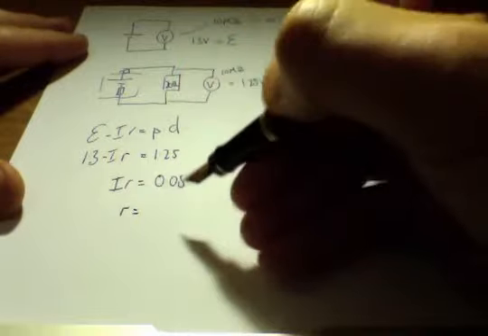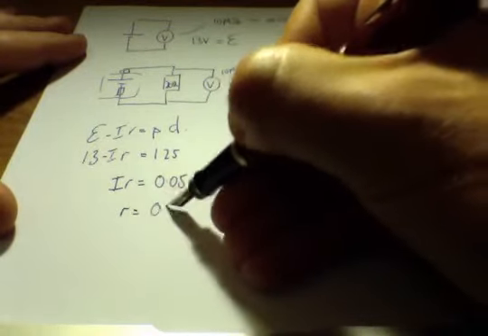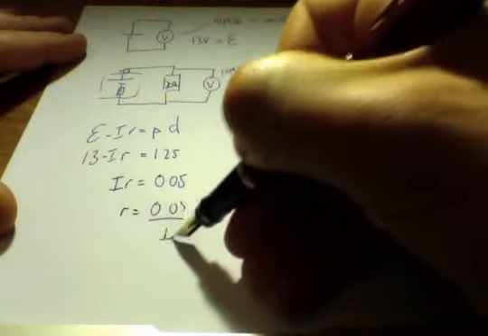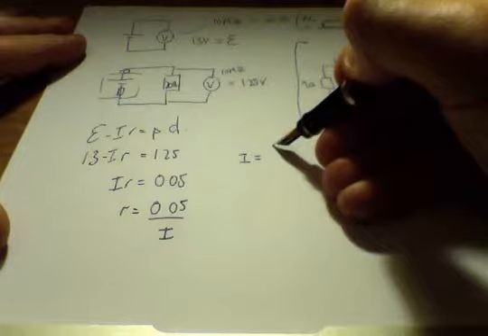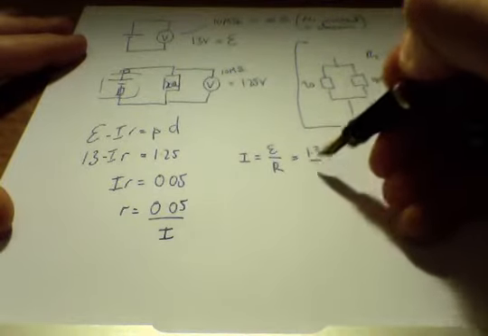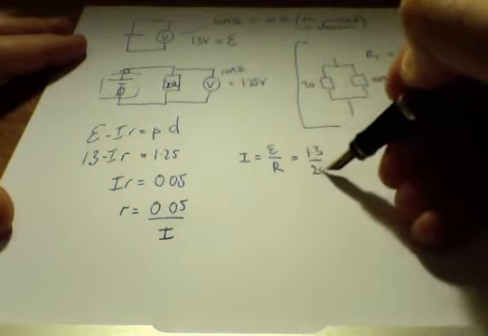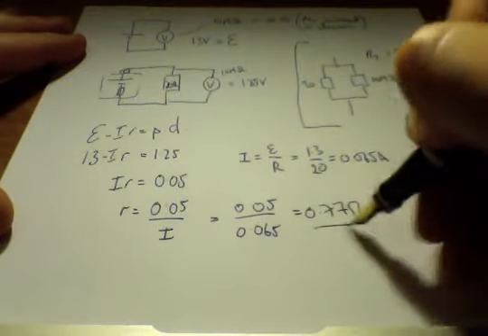R is going to be 0.05 divided by the current. The current is the EMF over the resistance, which gives us 1.3 divided by 20, and that gives rise to 0.065 amps. So R is 0.77 ohms.